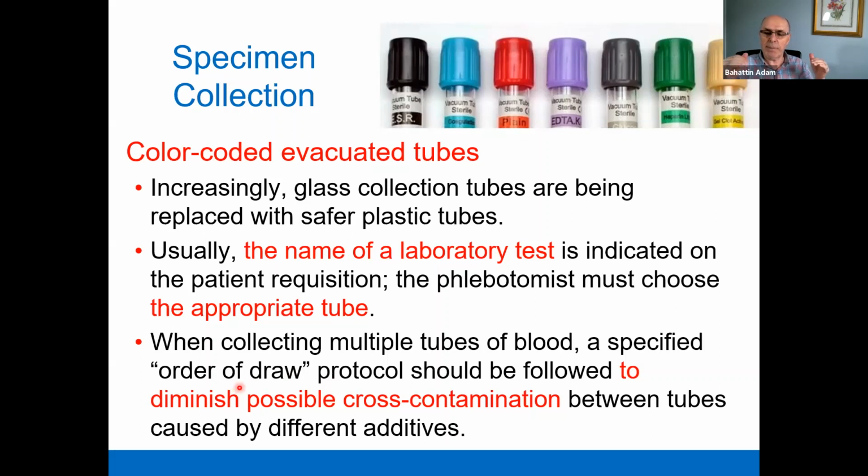Usually the name of the laboratory test is indicated on the patient requisition, and therefore if you withdraw the blood, you have to take a look at the patient's requisition first, and see what kind of test is requested by the physicians, because we have to know which kind of test tubes you are going to use.